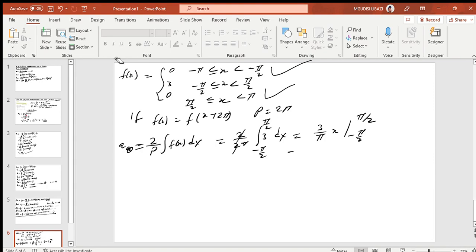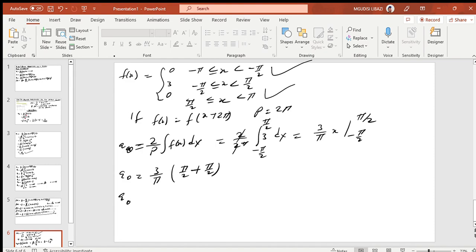So that should be a of 0. Now substitute our limits: 3 over pi, and then we substitute pi over 2, then we subtract, which will be plus pi over 2.